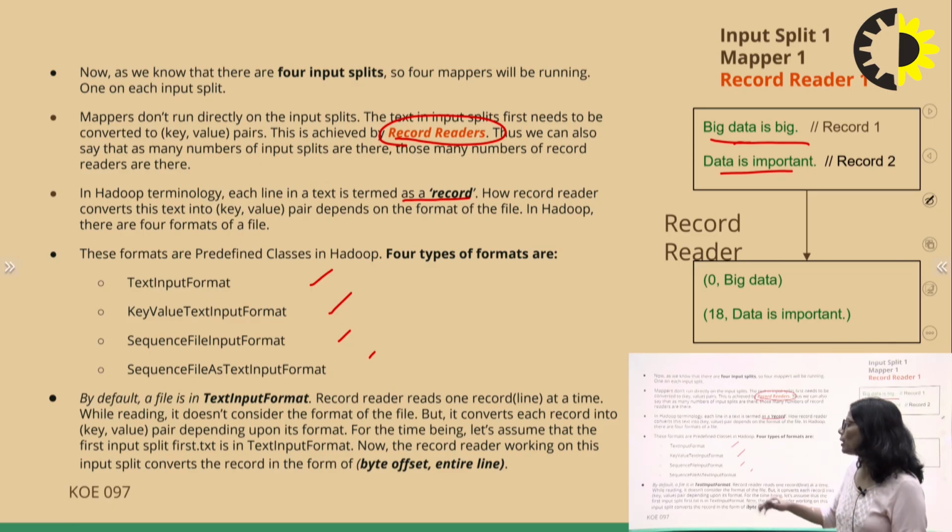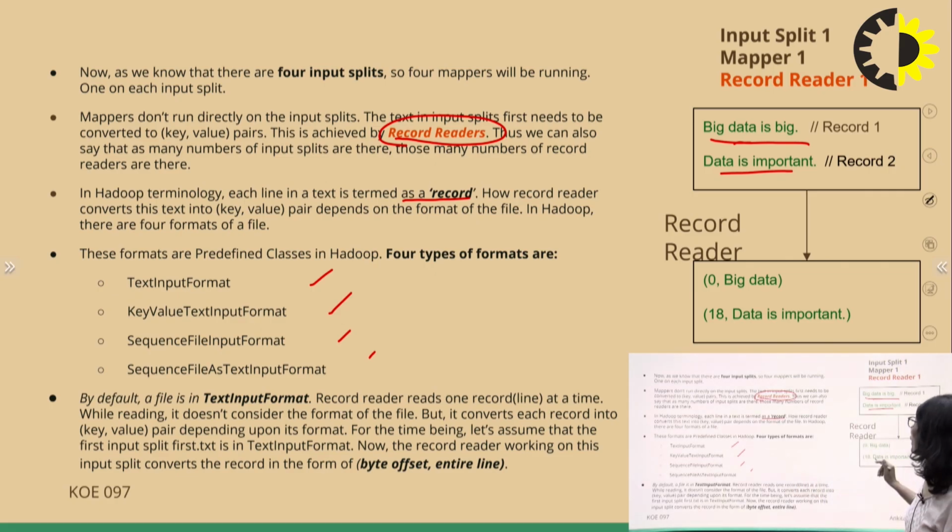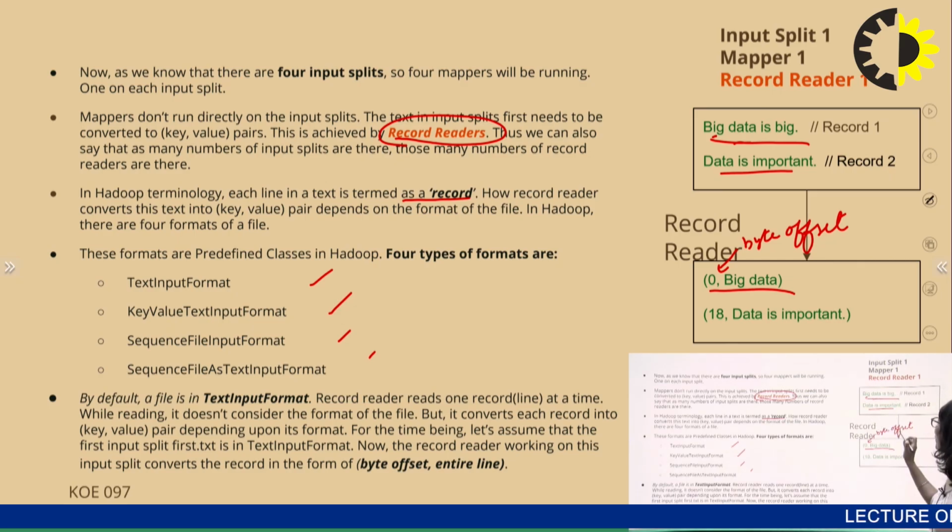By default, the file is in the text input format and it gets converted into key value pairs. How? It takes the byte offset and the data. This is your byte offset, the 0th location, and the line is "big data is big".